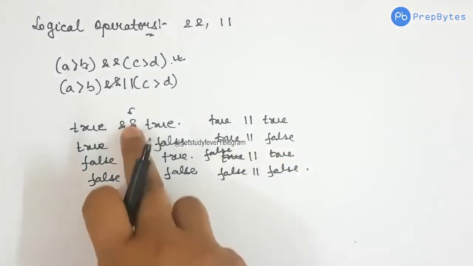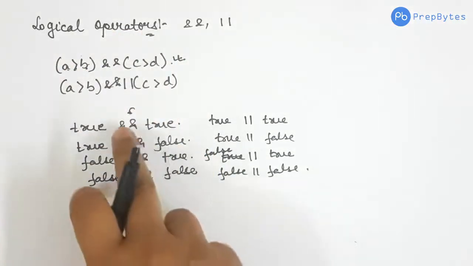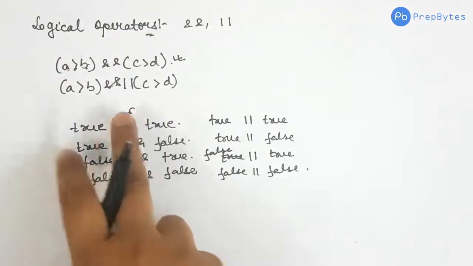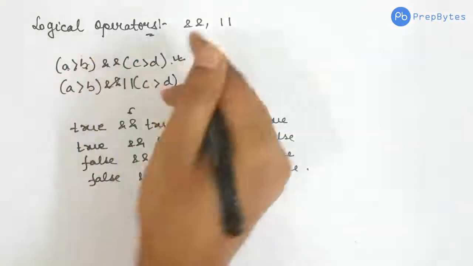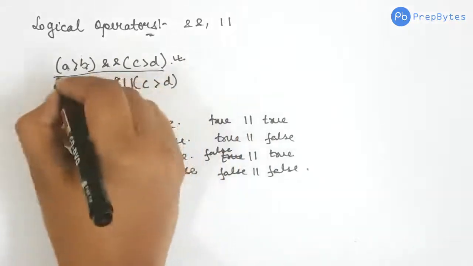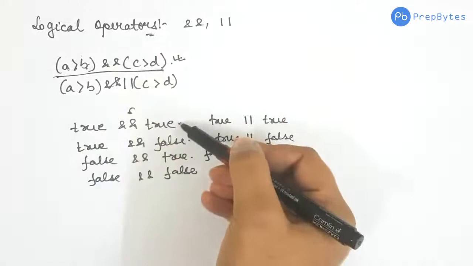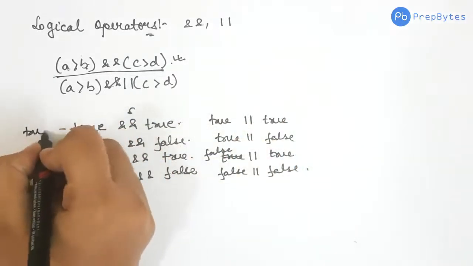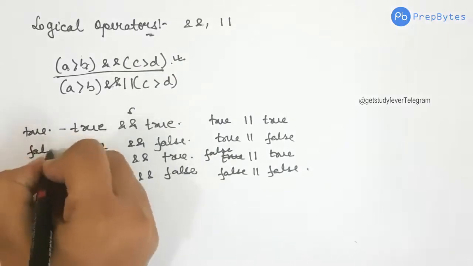What happens in case of AND is the result of the expression will be true only if both the expressions are true. So if I print this expression in this particular case, I will get true. In all the rest of the cases, I will get false.